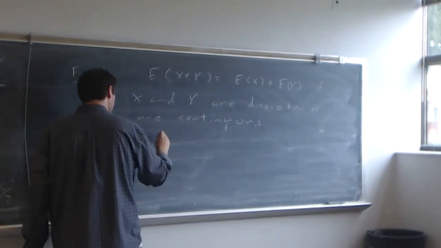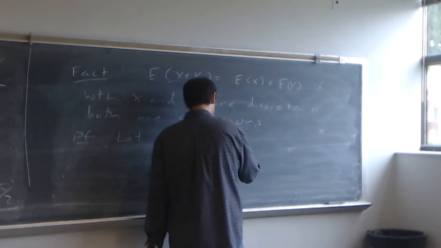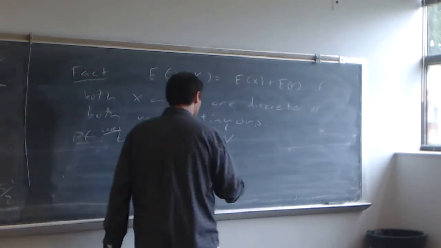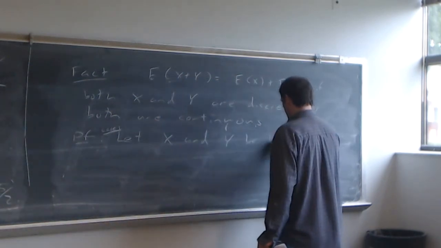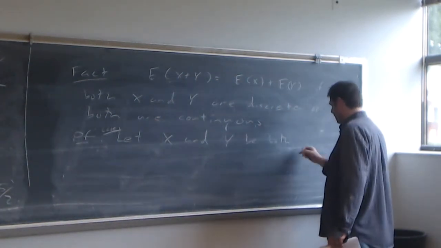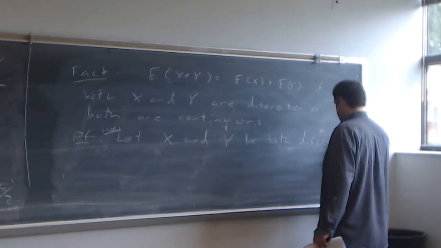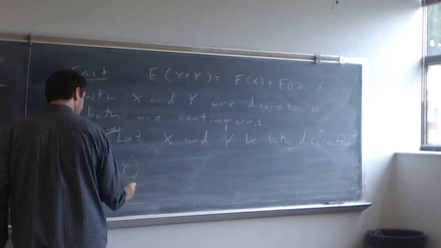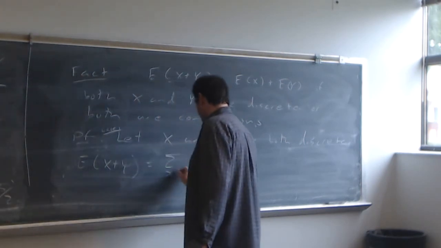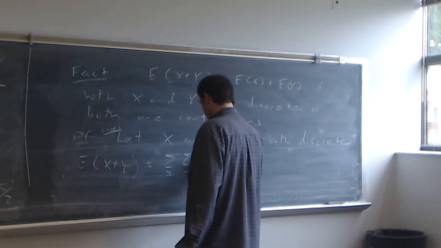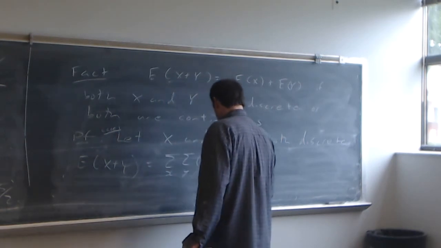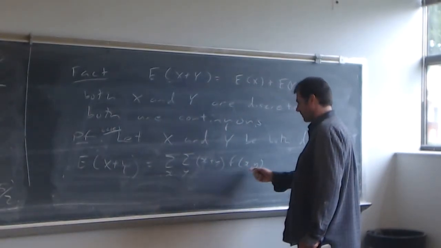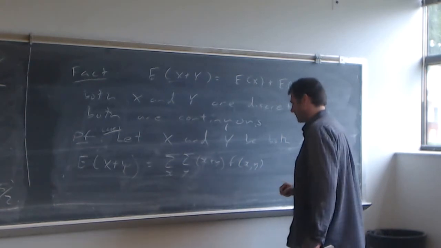So let x and y, so this is like case 1, be both discrete. Then the expected value of x plus y is equal to the sum over the x's, sum over the y's, of x plus y times f of x comma y, that's the joint PMF, and that's what we have.